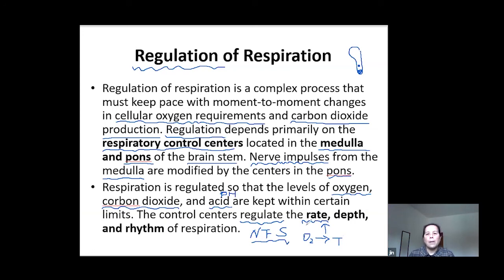They can also control how deep the respiration is, and whether the respiration is regular or not regular. Normally, the rhythm will be the same.